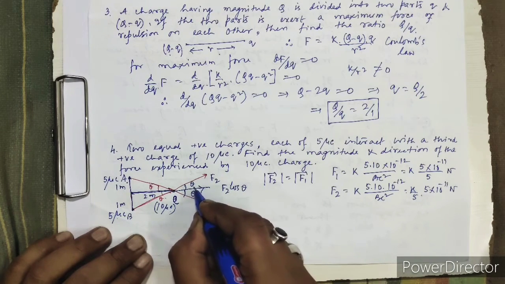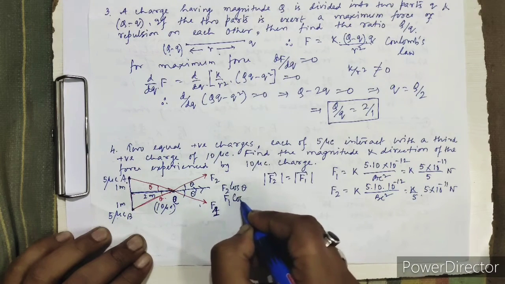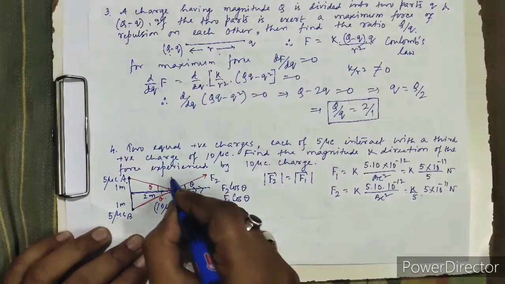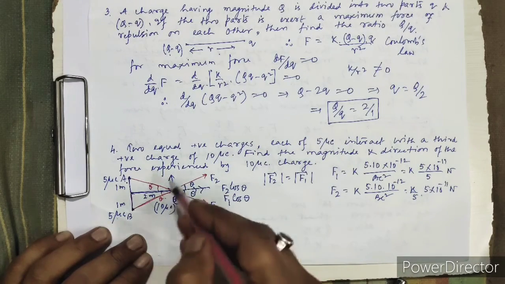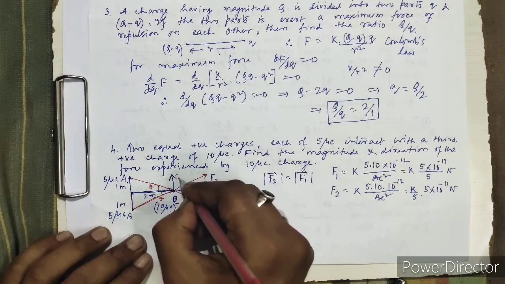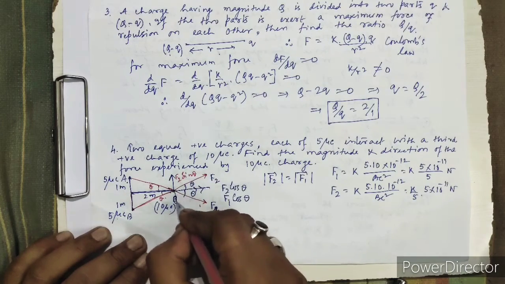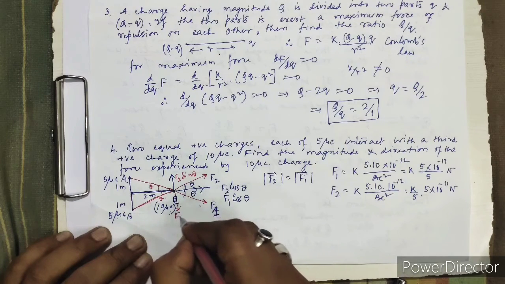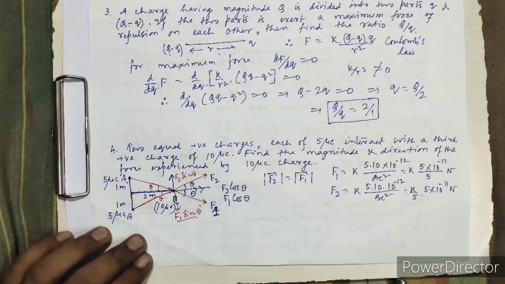This component of F1 is F1 cos theta, F2 sin theta upward, and this is F1 sin theta.